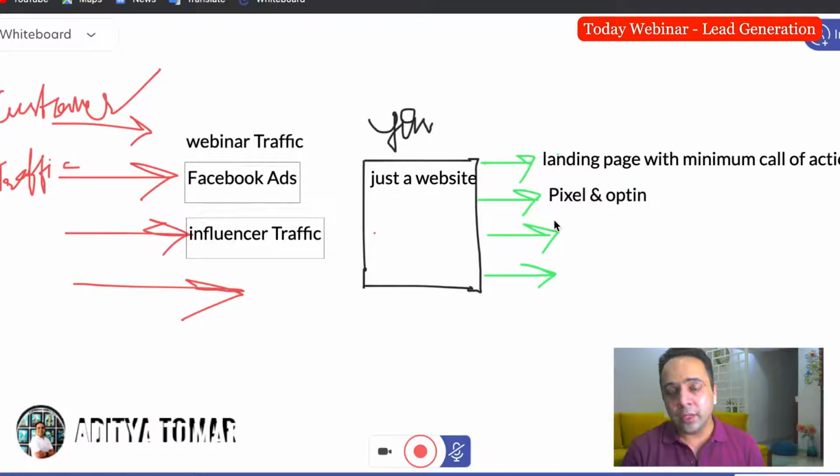So this is the first page, this is the capturing page, right? Then how should the nurturing be done?